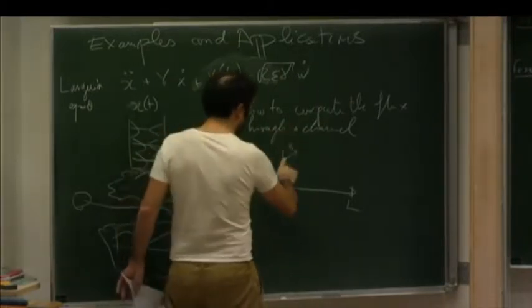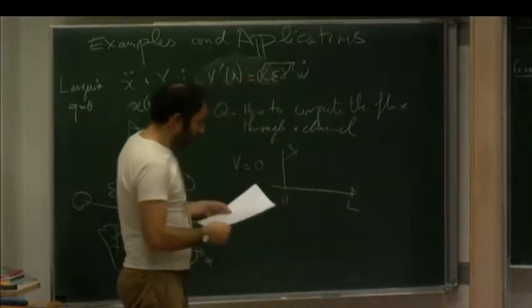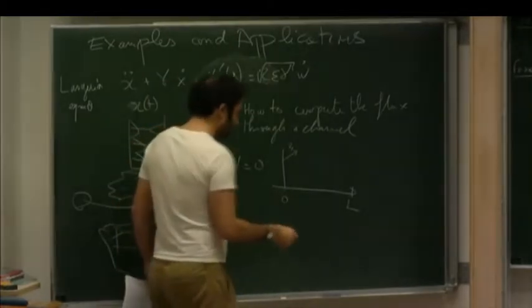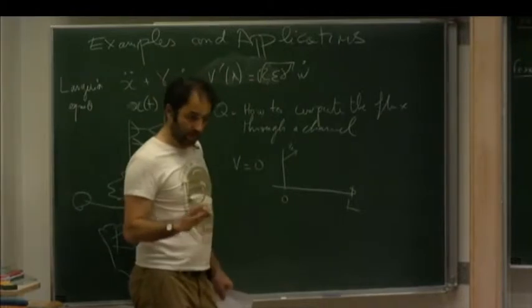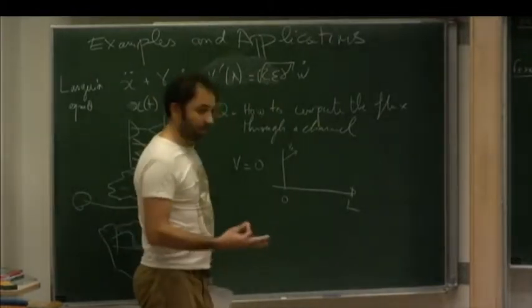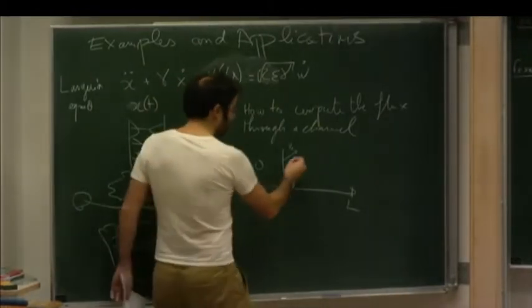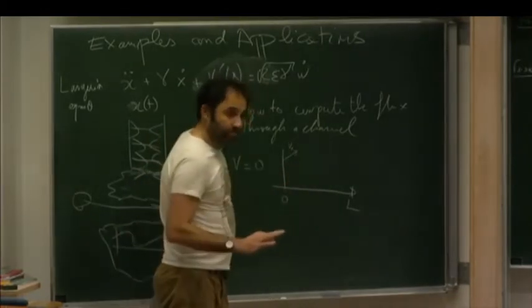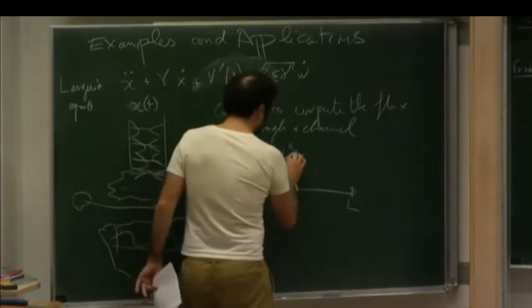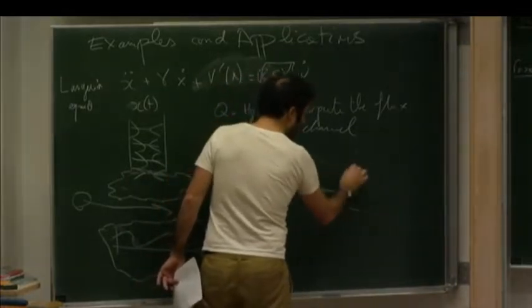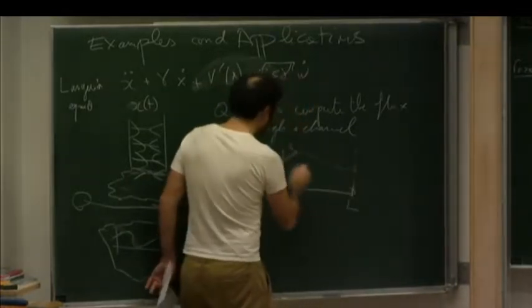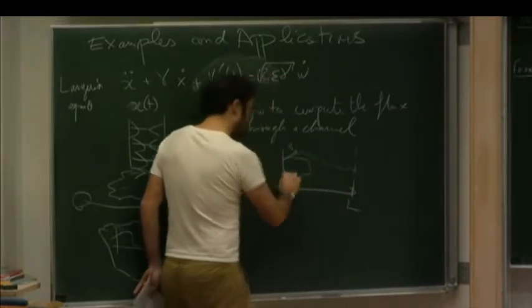You push a particle with v0. The question people have asked, and I'm not going to solve it because it is mathematically technically difficult, is what's the probability that the particle, starting with a certain velocity, will hit L before it goes back.